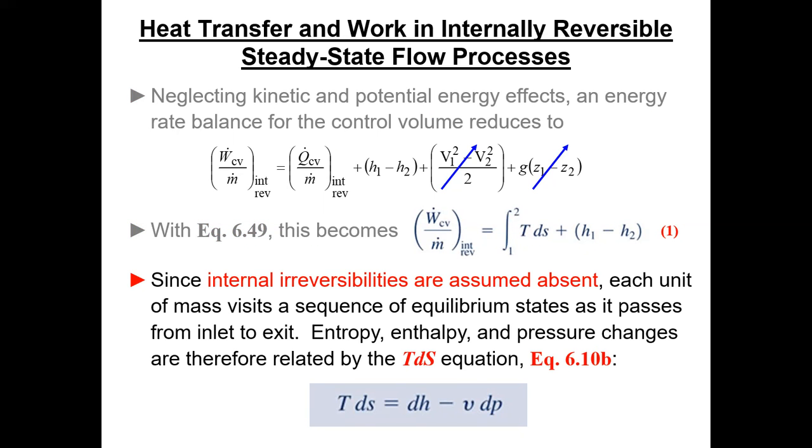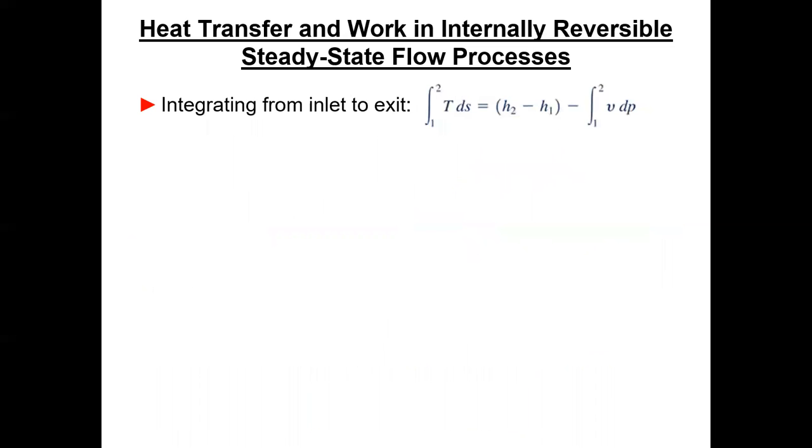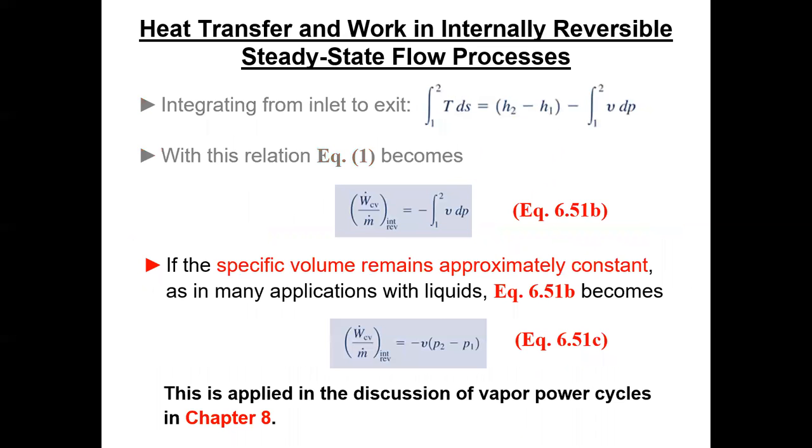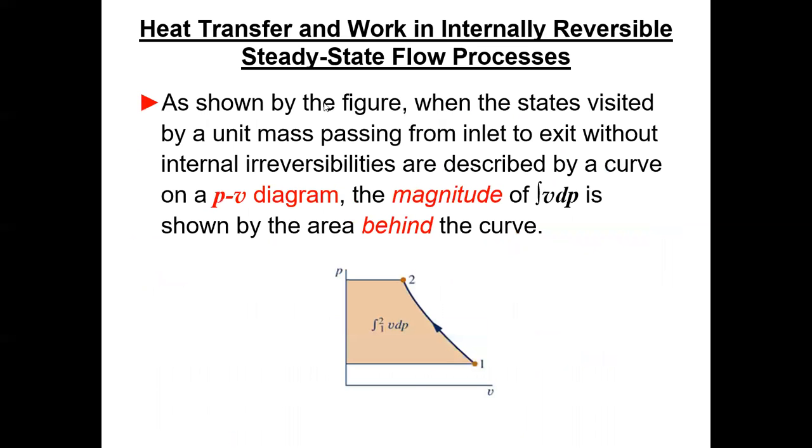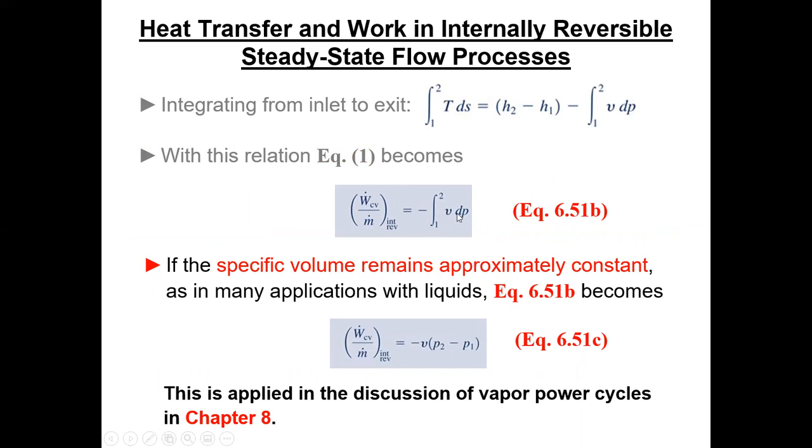If you have any questions, go back and look over that. It's pretty straightforward, really. And so this really is the pump trick. This is the derivation of the pump trick that we use for the Rankine cycle. We're also going to use it for a gas here. But notice, if this is basically an incompressible liquid, then the specific volume is constant, and that pulls through the integral sign.